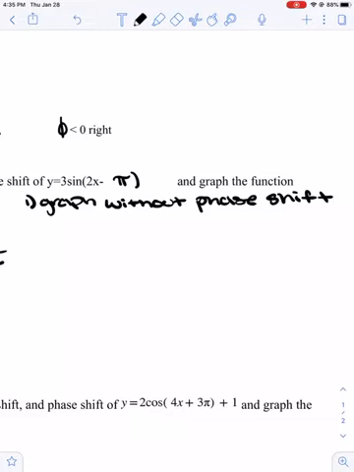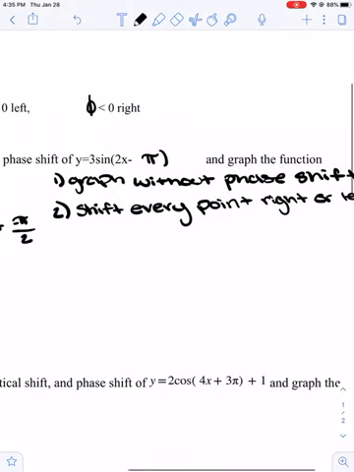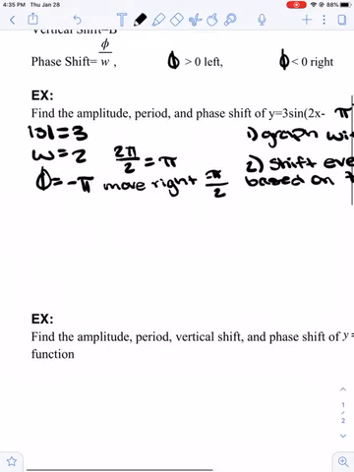Then step 2, you're going to shift every point right or left based on your phase shift. Okay, so now let's graph this.